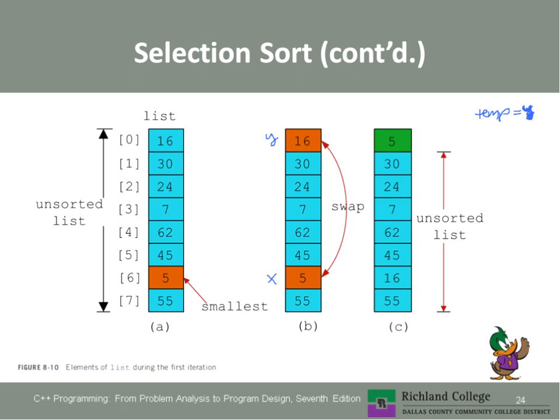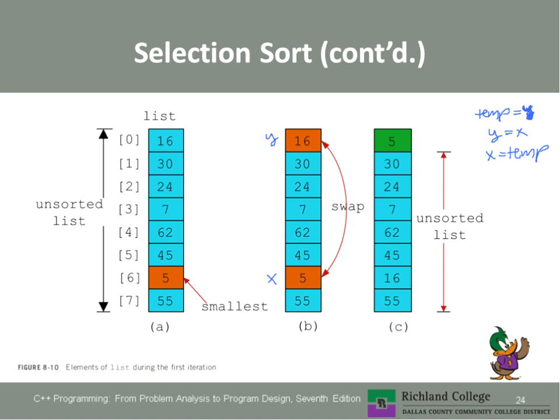Okay, so what we're going to do is have a temporary place where we're going to save y, and then we're going to take y and store whatever is in x. And at that point, we can take x and assign whatever is in the temporary holding place.